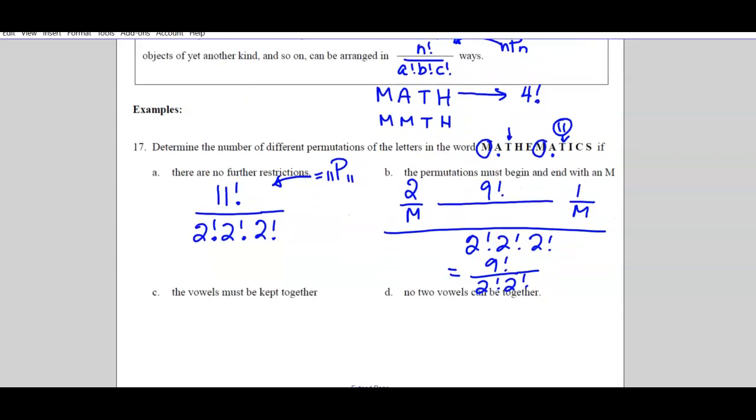So, the other way, there, only one way. You'll only have 2 M's, and they've got to be in those positions, so I've used them up. Now, here is my 9 factorial for everything else. What's repeated in those 9 remaining letters?